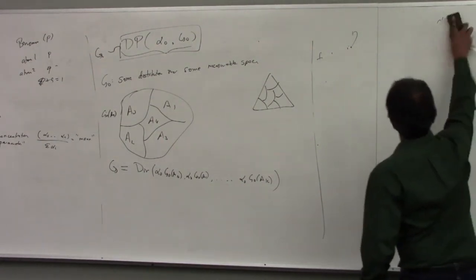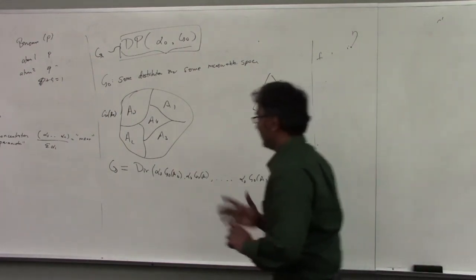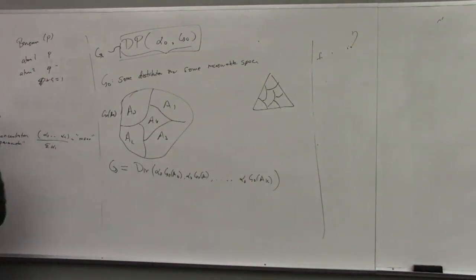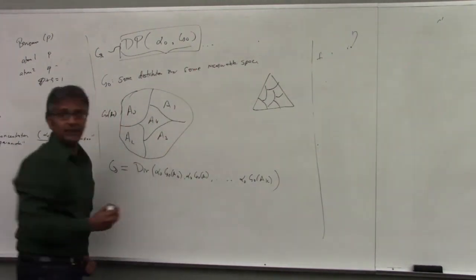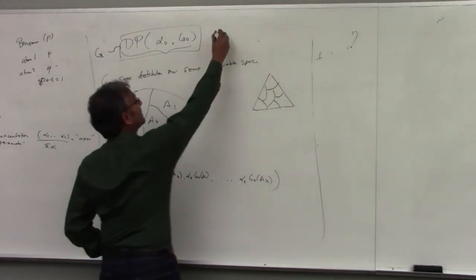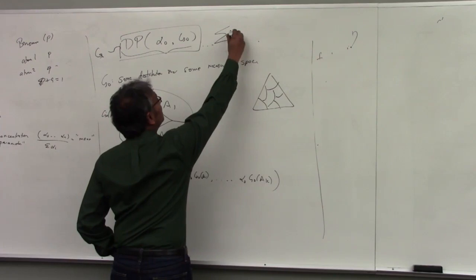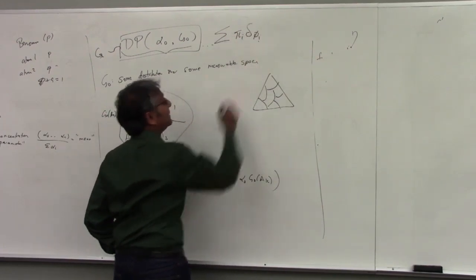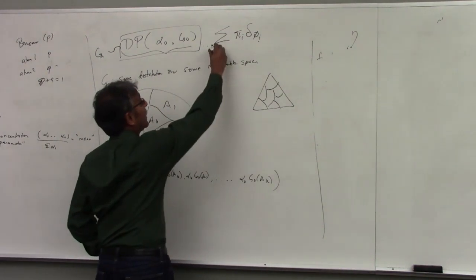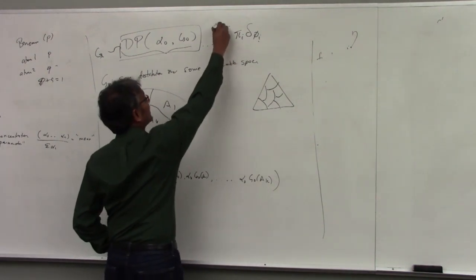First of all, through some fairly heavy machinery, it can be shown that this can be written as some kind of sum over pi_i delta phi_i, where i now goes from 1 to infinity.